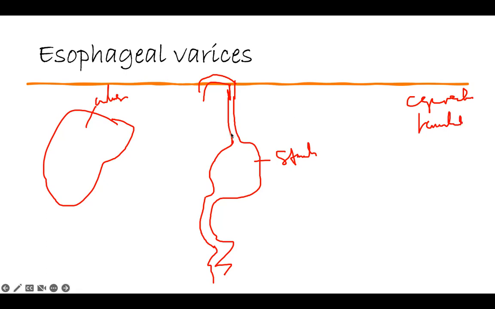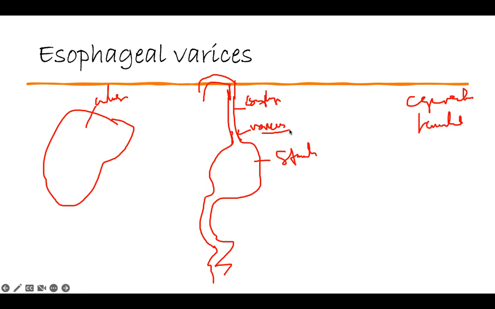There are some vessels near the lower portion of our esophagus. This is your esophagus. They start getting bigger, and that's what we call varices. They are varicose veins. You don't need to use the words varicose veins, but we call them varices.